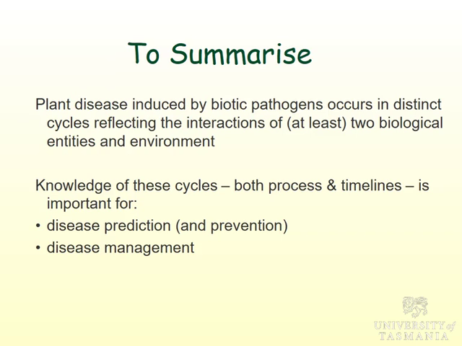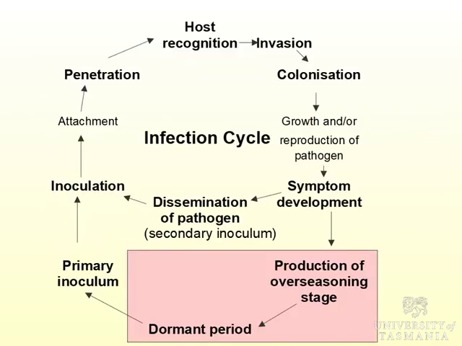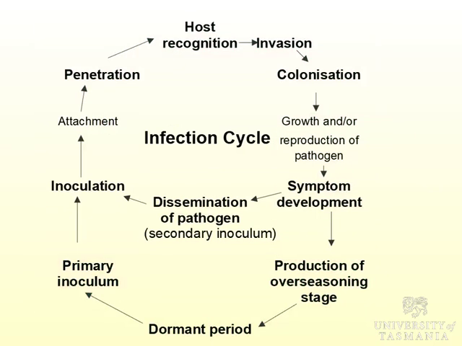All of those take time, and all of those will occur at distinct times and in distinct processes. There might be environmental drivers, plant developmental stage drivers, or pathogen drivers. Understanding those is really critical if you want to break that cycle.